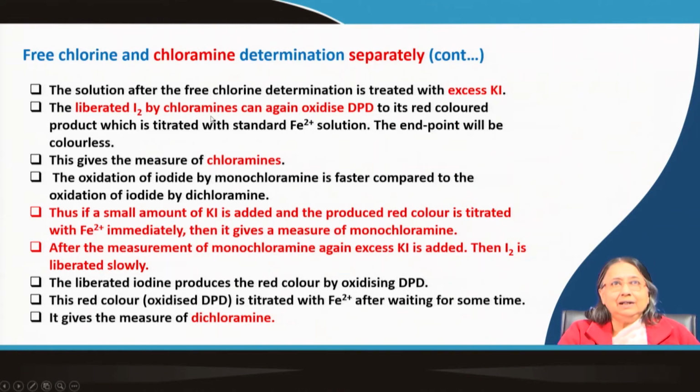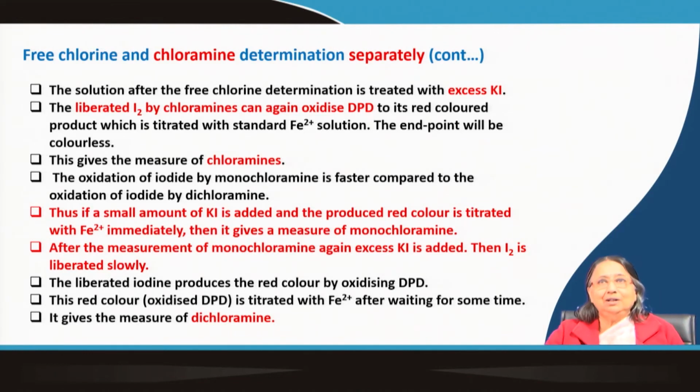That liberated iodine can again oxidize DPD. Chloramine will not oxidize it directly, the liberated iodine will oxidize the DPD to the red colored product. Same reaction, but it is done by iodine. And how is iodine produced? Iodine is produced from chloramines after reaction with KI.